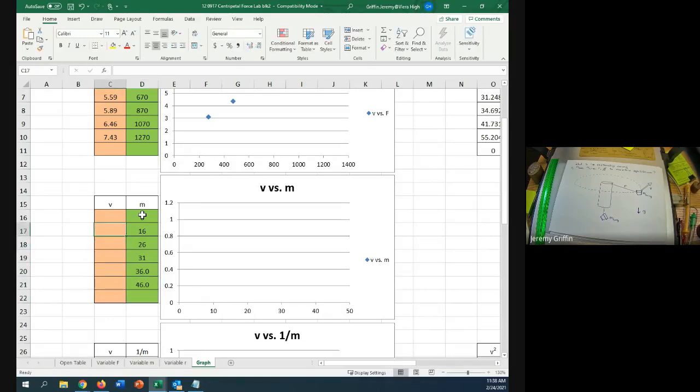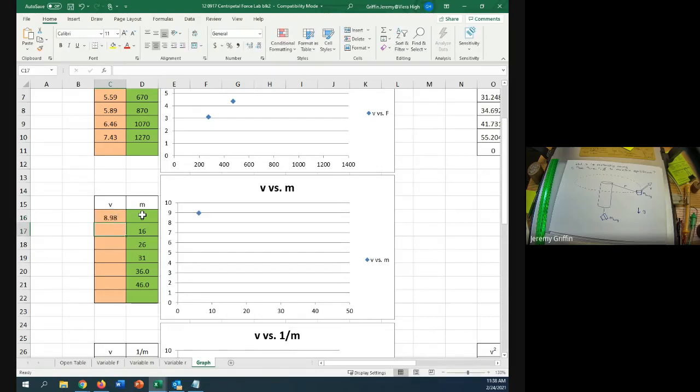Those are the mass values. Now, what were the corresponding speeds? They went 8.98 meters per second, 5.83 meters per second, 4.71, 3.99, 3.67, and 3.29. Did I plug all those numbers in right?